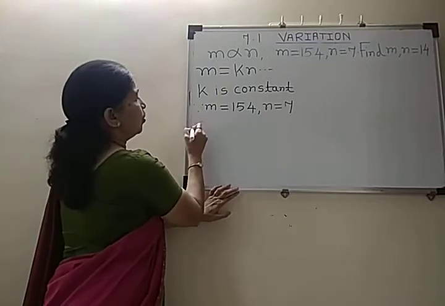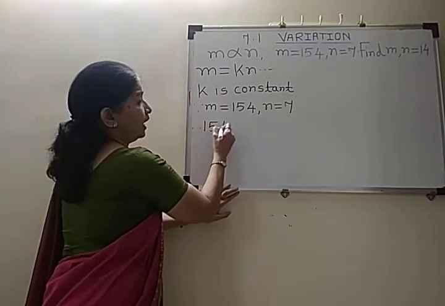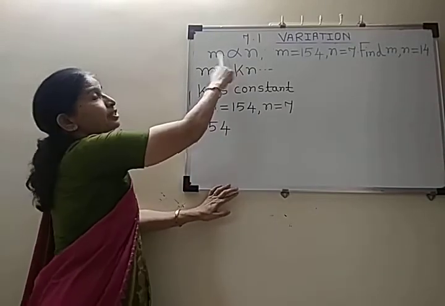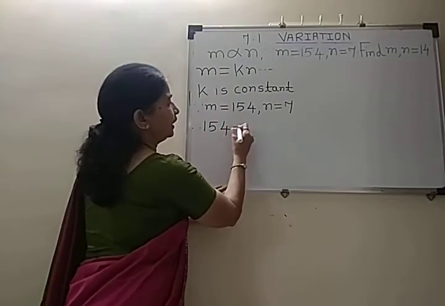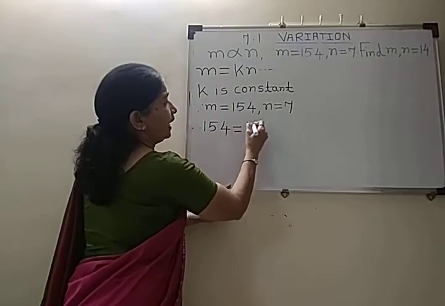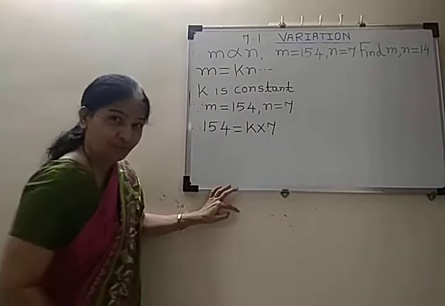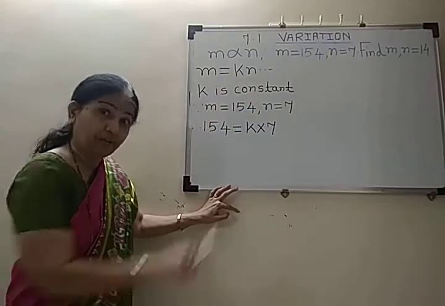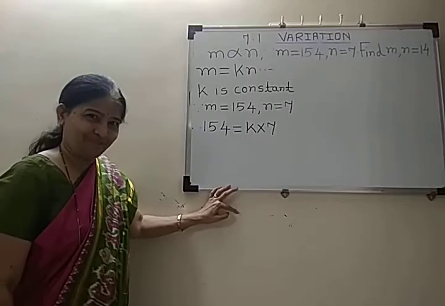So M, 154, we are substituting in this second step. This one is the first step. So 154 is equal to k into 7. When there is no sign in between, we are assuming it as multiplication.